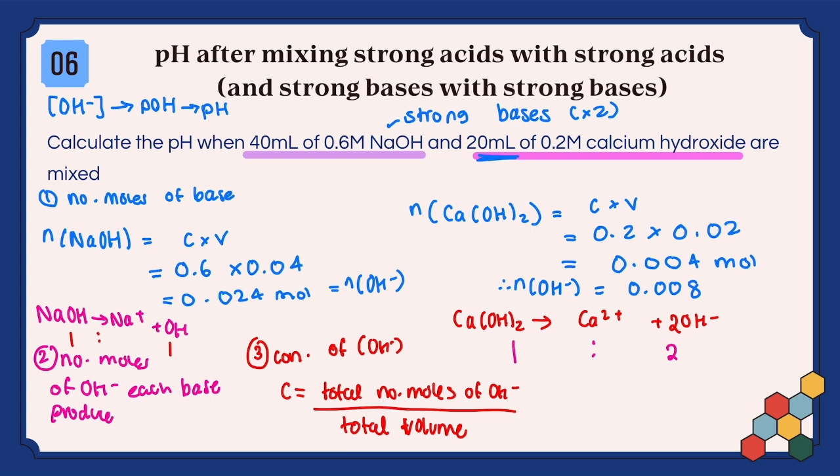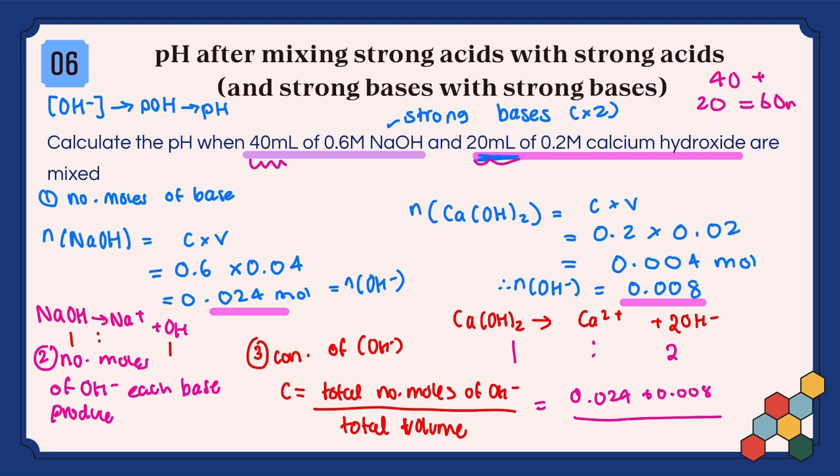Okay, so in terms of the total number of moles of hydroxide that we have, that would be our 0.024 plus 0.008. And so 0.024 plus 0.008 over the total volume. So we have 40 milliliters plus 20 milliliters, which gives us 60 milliliters, which is 0.06 liters as our denominator.